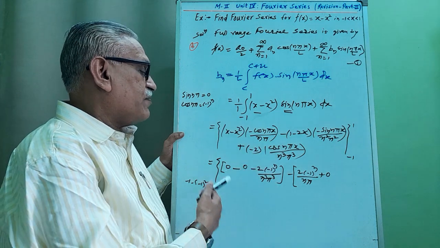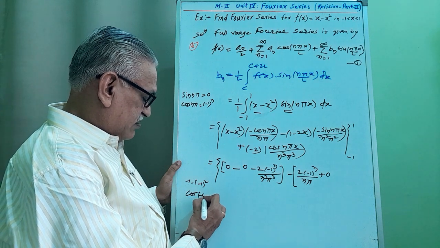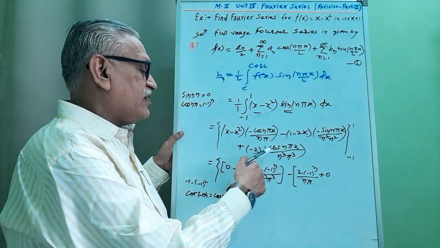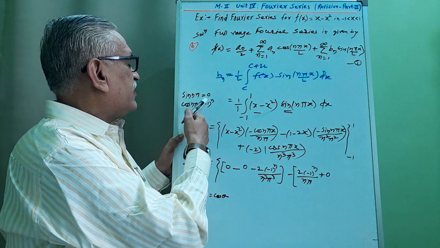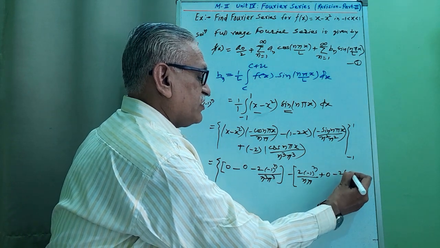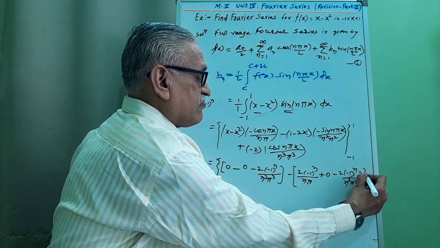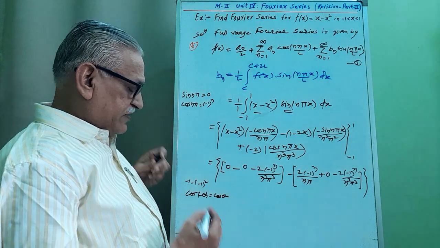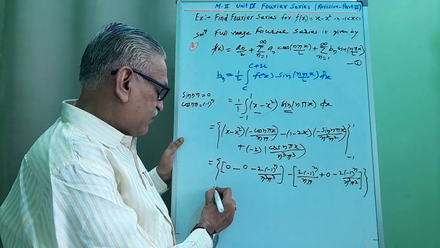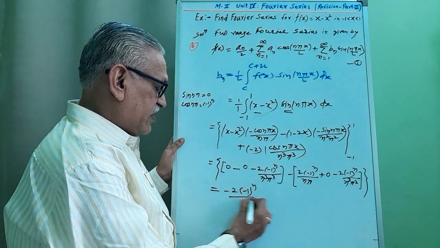Cos of minus n pi, cos minus theta is cos theta, and therefore it is cos of n pi, and value of cos n pi is minus 1 raised to n, therefore it is minus 2 times minus 1 raised to n upon n cube pi cube, and if you simplify it, the minus signs cancel each other, and therefore the value of bn is minus 2 times minus 1 raised to n divided by n pi.